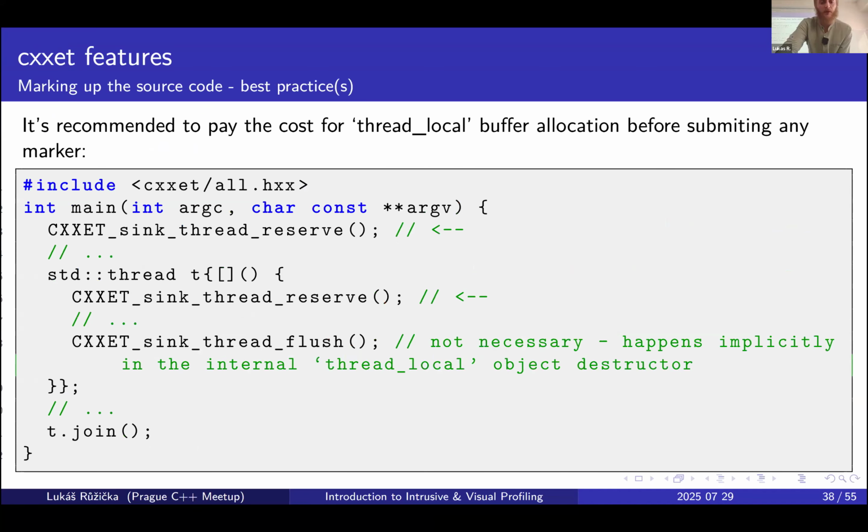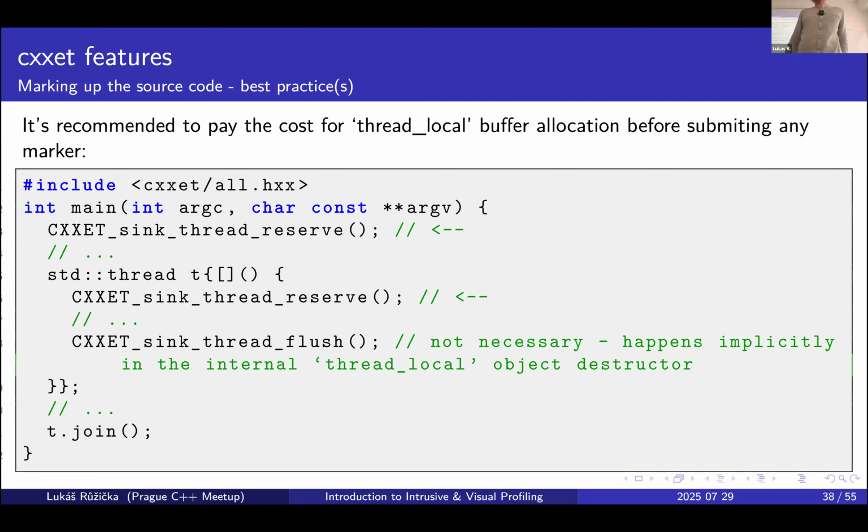Yeah, this is, I would say, the best practice. You see there on the third line in the main thread, you should reserve the thread local buffer in the main thread. Then you spawn another thread on the 5th or 6th line, and you should once again reserve that buffer in the thread. You need to do this thread reservation for every thread?